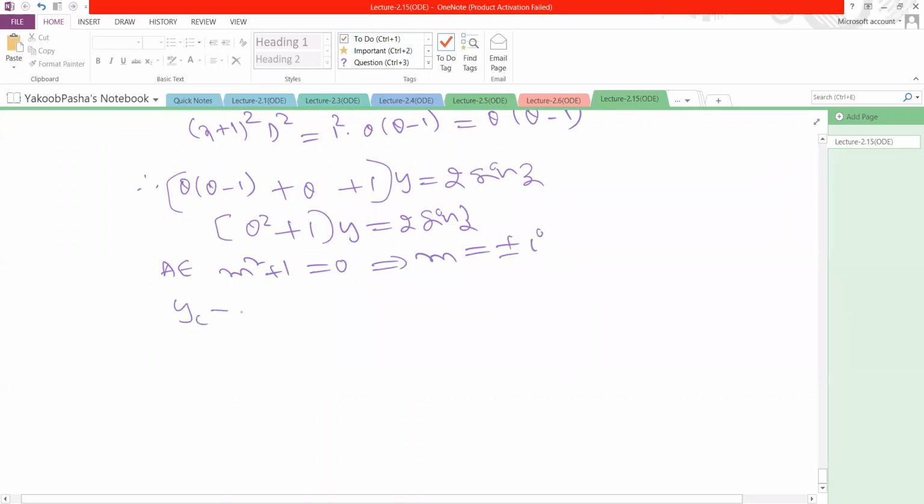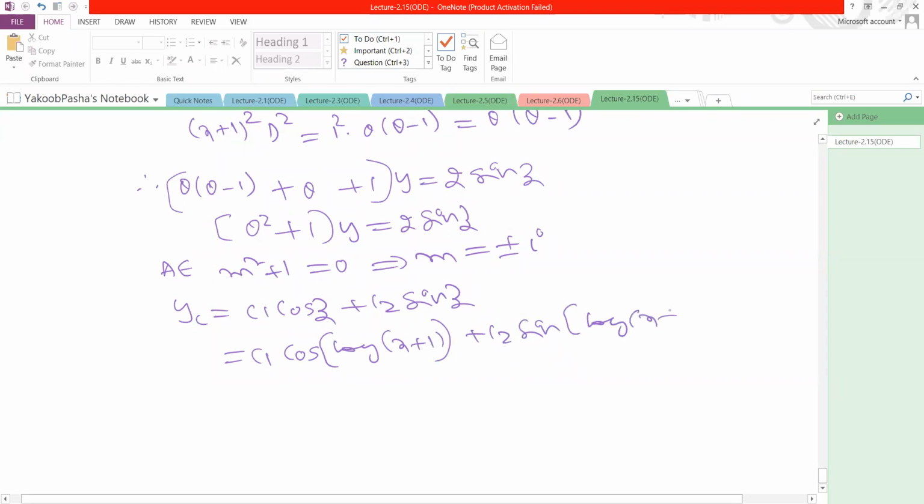So the complementary function yc is c1 cos z plus c2 sin z, that is c1 cos log (x plus 1) plus c2 sin log (x plus 1). Okay, this is the complementary function.